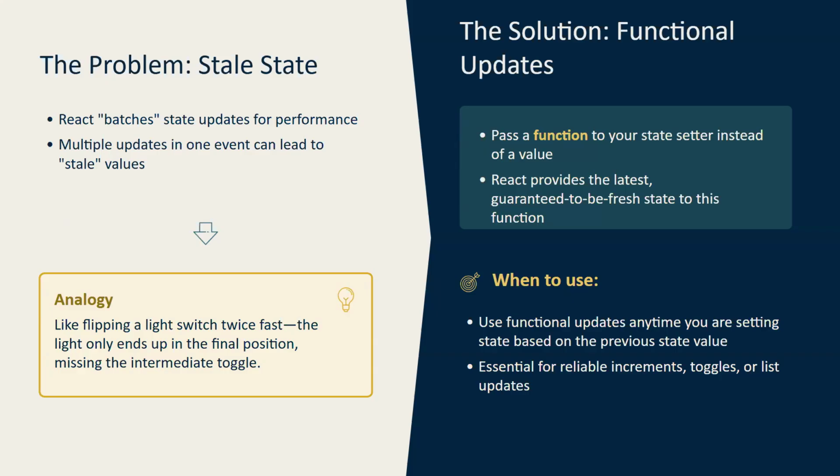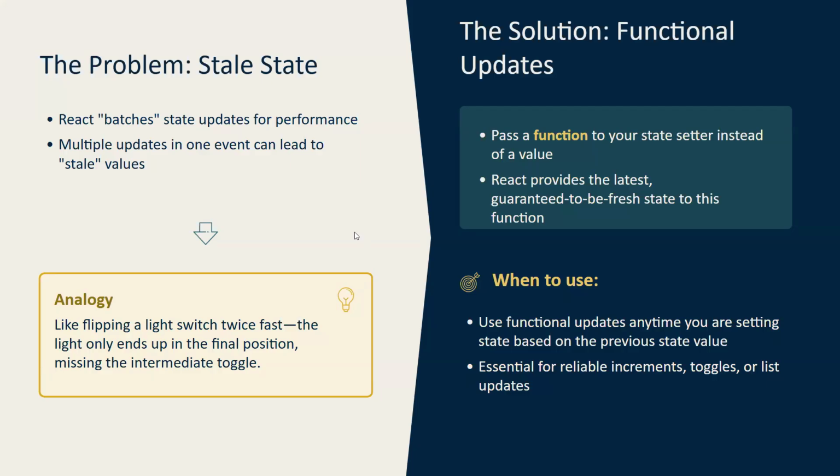So the next concept to really understand is stale state. Stale state happens when an update depends upon an older value instead of the most recent one. This usually comes up when React batches updates together.